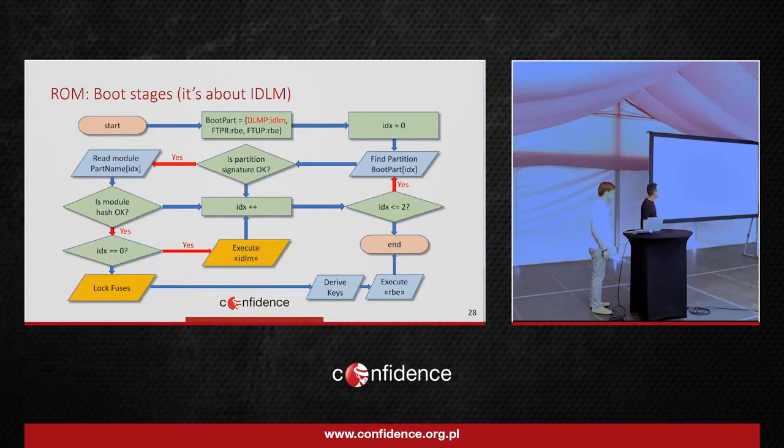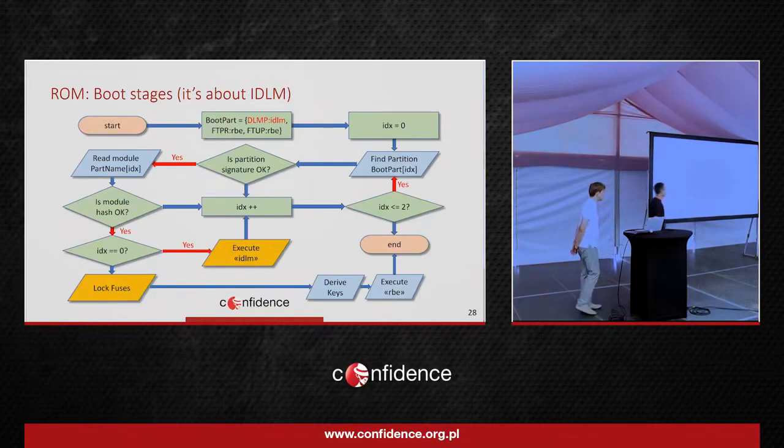And in partition DLMP, it looks for a module named IDLM. It starts from index 0 and just uses the index in incremental mode, trying to find the partition. It checks the signature according to the picture that I showed earlier. And if everything is okay, it tries to find a module with a specific name. And if the module is the proper one, so it's not modified by an attacker or somebody else, it checks if it has index 0, then this module is executed.